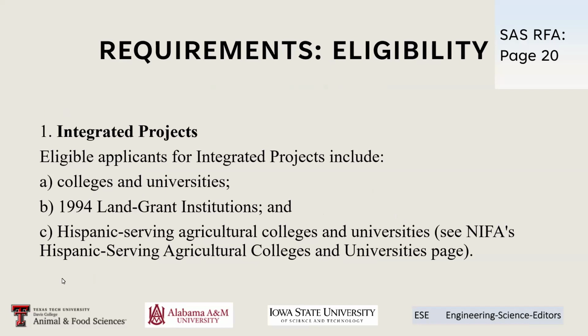That information is relayed on page 20. So, in other words, when you open the electronic version of the RFA, you want to go into the table of contents first, click on eligibility, and read up on what you have to bring to the table in order to be considered for this funding. Next, please.